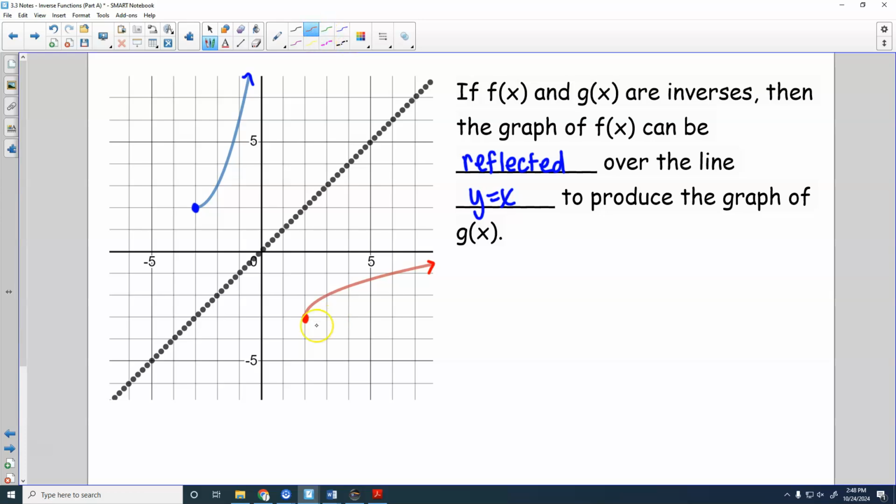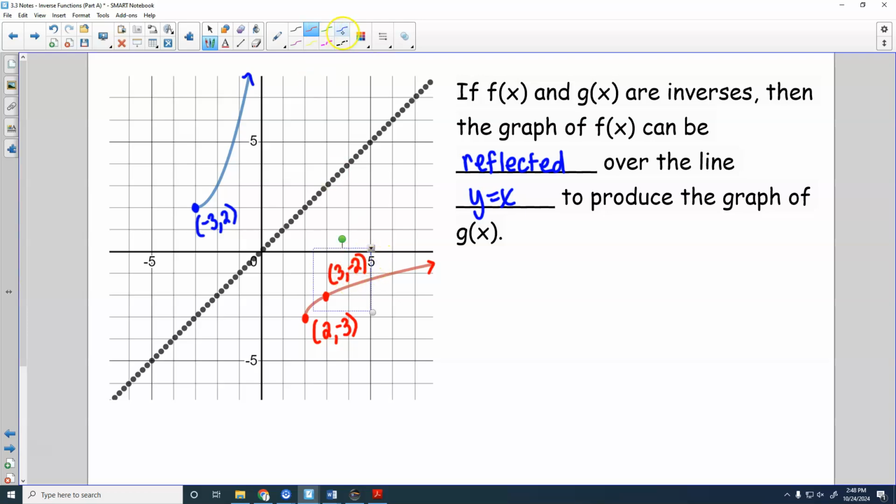Notice your points right here. I've got the point (2, -3) here. That means what other point should be on the graph of my inverse? (-3, 2), and here it is. This point right here is at (3, -2).